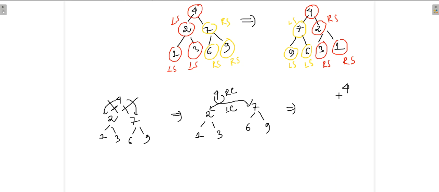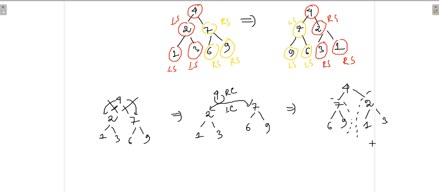Let us visualize. 4 has 7 as its left child, and whatever content was under 7 now comes as the left subtree of 4. Similarly, since 2 is the right child of 4, 2, 1, 3 will come inside the right subtree of 4. We have achieved this so far.